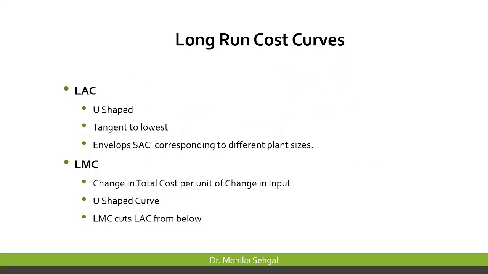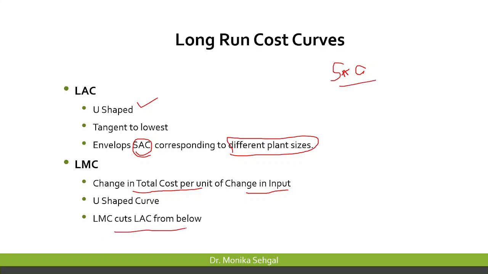The long run average cost curve is U-shaped and it envelopes the SAC curves corresponding to different plant sizes. And LMC is the change in total cost per unit of change in output. SAC curves are known as the plant curves, whereas the LAC is known as the envelope curve or planning curve. LMC cuts LAC from below just like this, as in the short run.